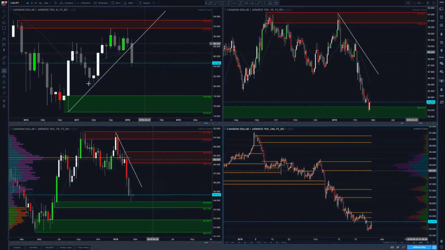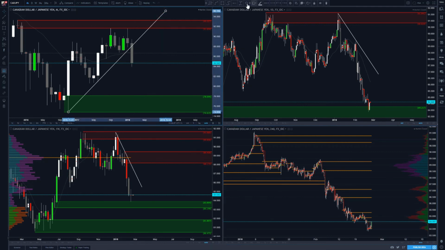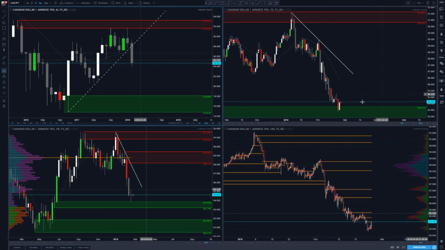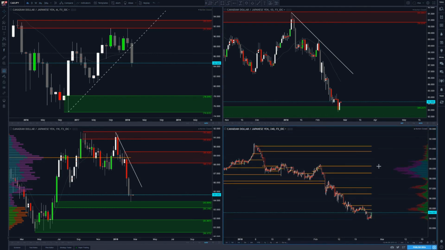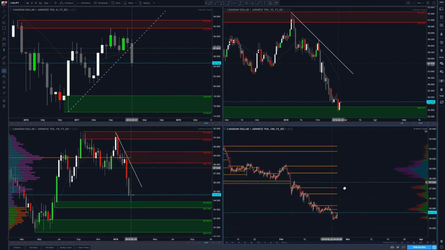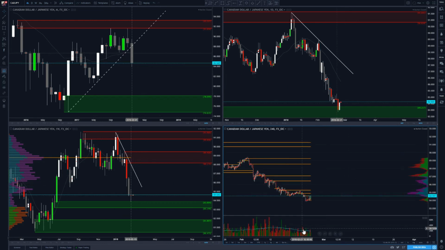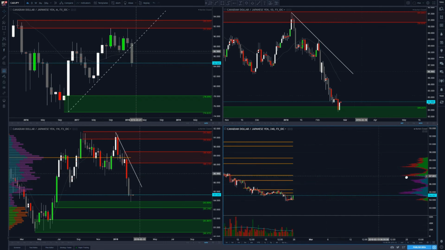CAD yen, monthly uptrend, broken trend line with the strong candle, and weekly it has actually already created the downtrend, with two nice strong engulfing candles, but we are bouncing from the demand zone, and on the daily as well sitting in the demand zone. So for this moment I will be looking for a potential pullback trade, but what I want to see is the volume, which is nicely rising here.